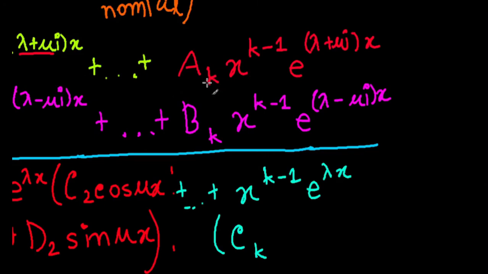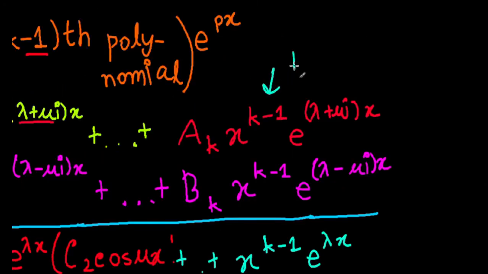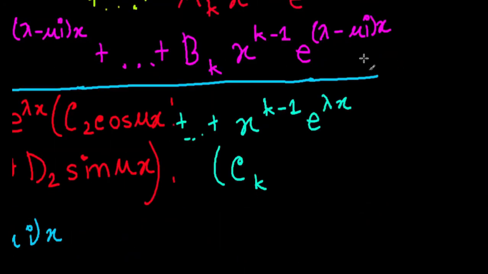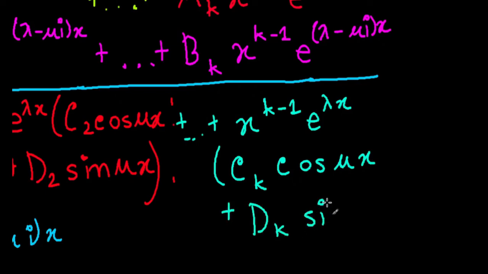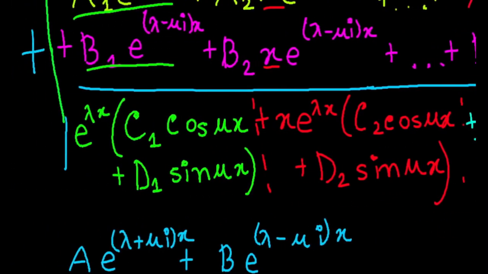So this is the kth column, and that's why this constant is the kth c that we have, c sub k. This is multiplied by cosine of mu x, and then you have d sub k multiplied by sine of mu x. Okay, so this is in fact your solution.